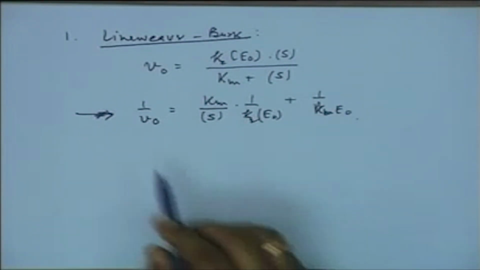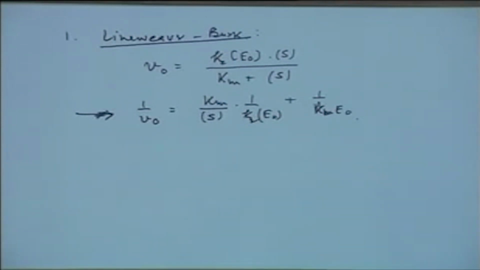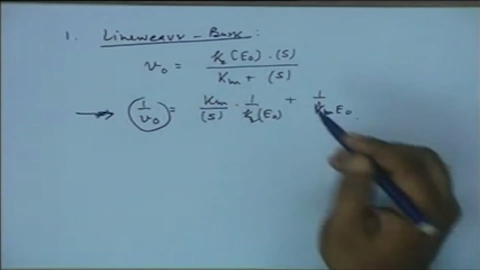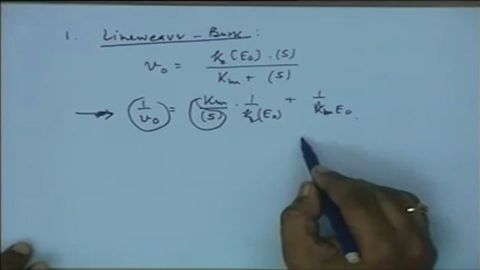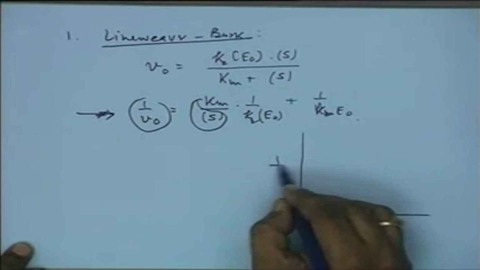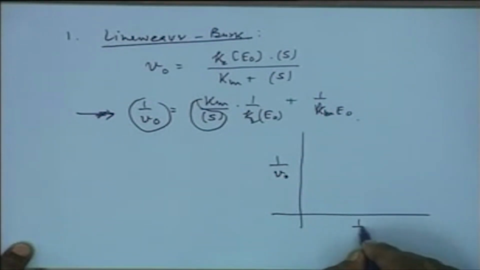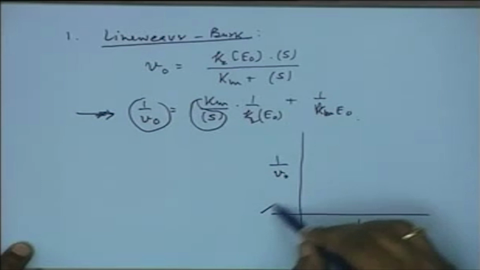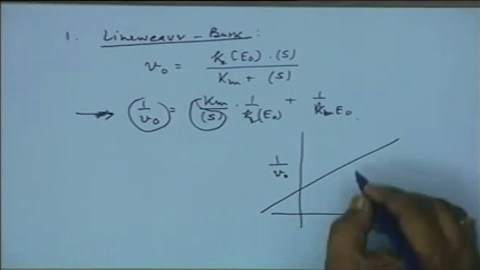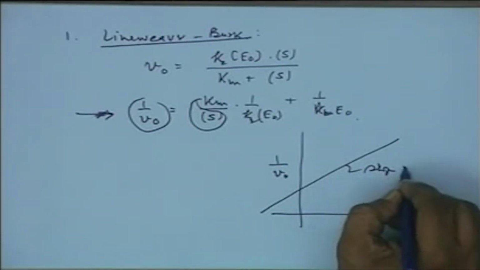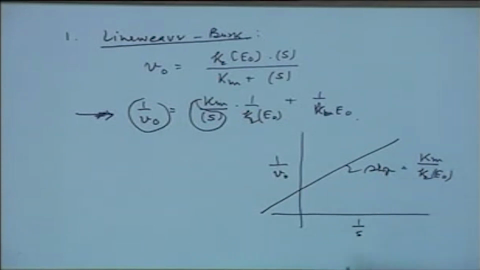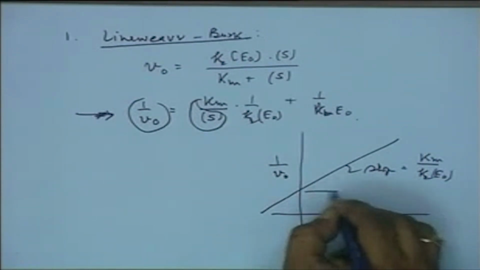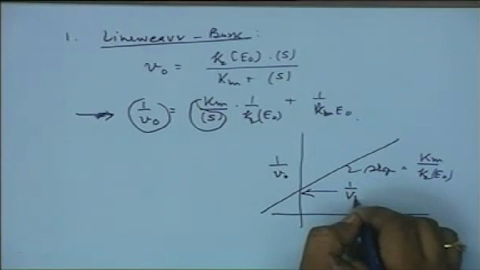Therefore, this represents a straight line relationship between 1 upon V naught and 1 upon S. That means, when you plot 1 upon V naught against 1 upon S, you get a straight line with a slope equal to Km upon K2 E naught, or Km upon Vm, and an intercept on the y axis of 1 upon Vm.